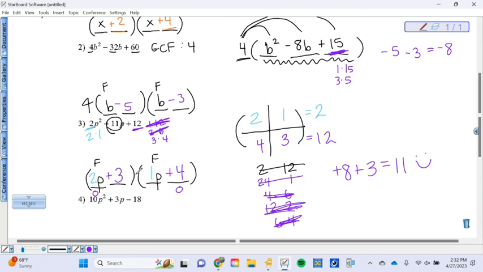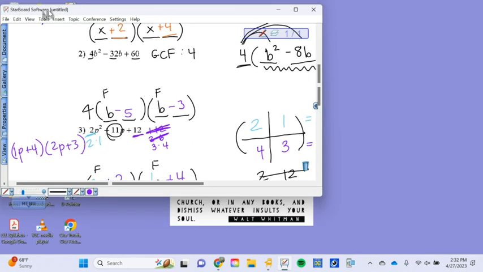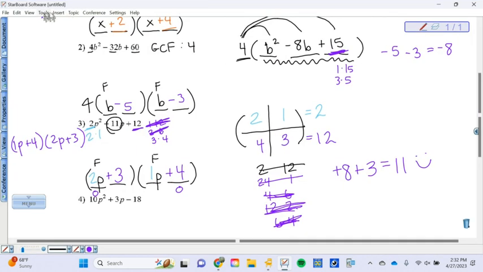2p plus 4? Yeah. No. You could flip it so it would be 1p plus 4 times 2p plus 3, right? But if you switch the 3 and the 4, watch.